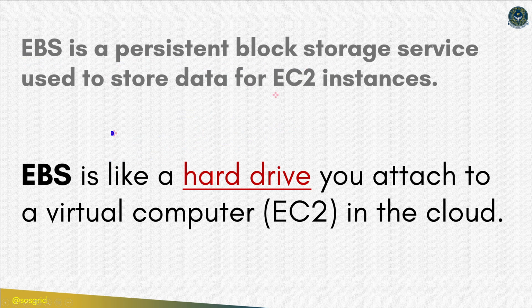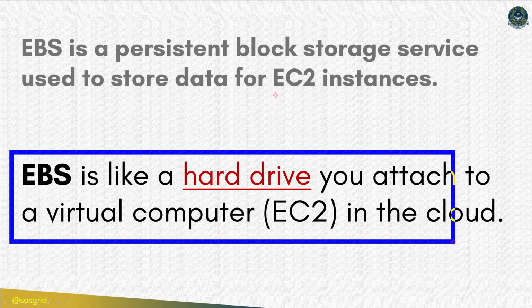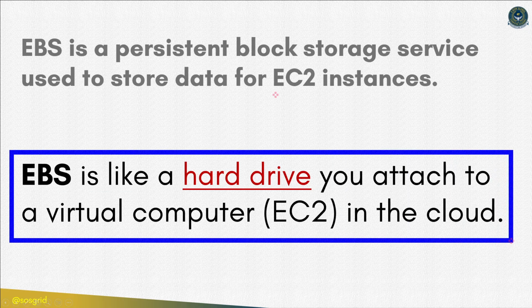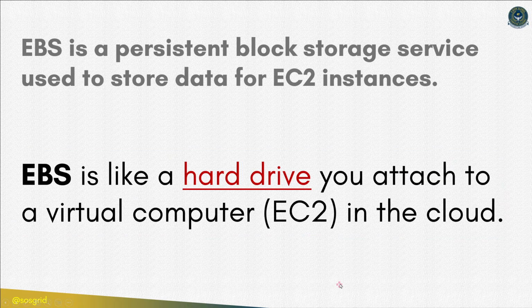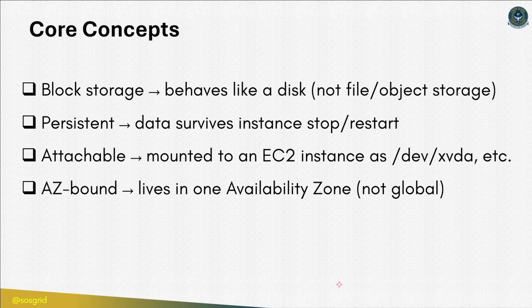Okay, and I've given you a scenario. You should just think of it as a hard drive that you attach to a virtual computer, to your EC2 in the cloud. Now, these are just some basic concepts that you need to know about Elastic Block Store. As I've said multiple times, your block storage, or your EBS, behaves like a disk, just like the one in your laptop.